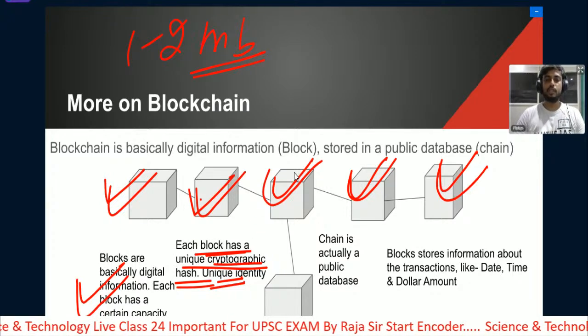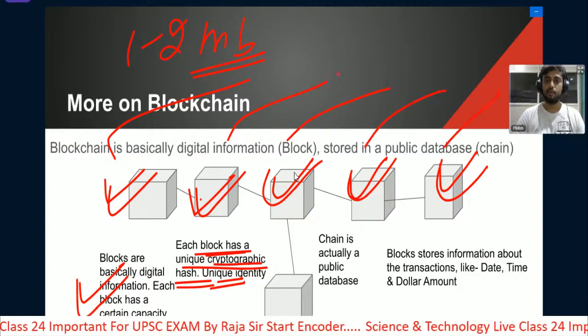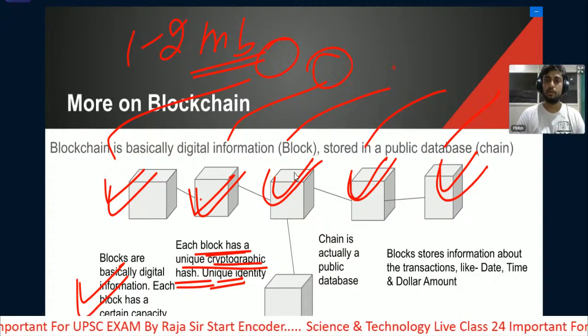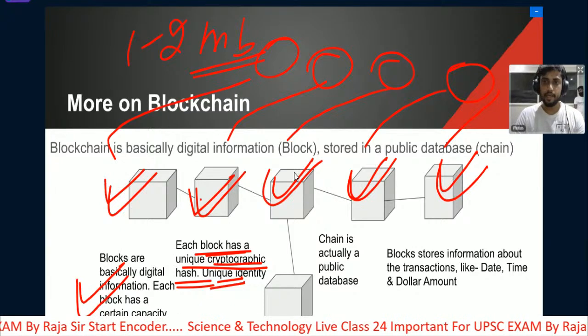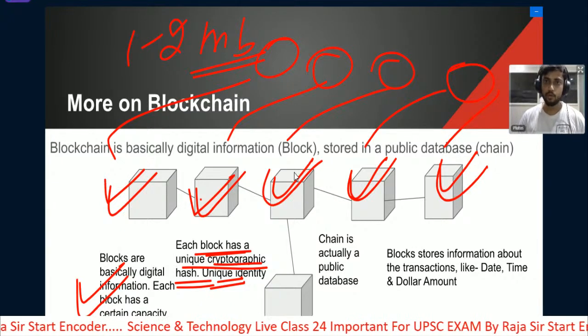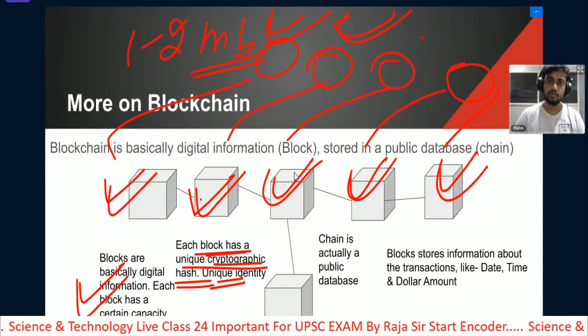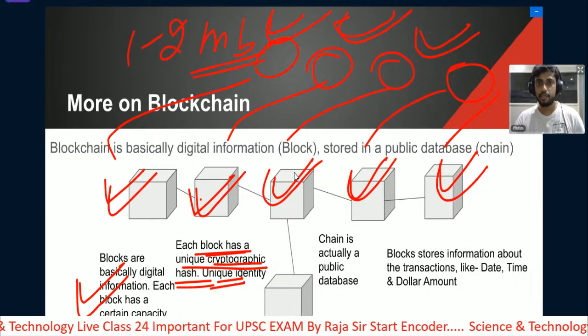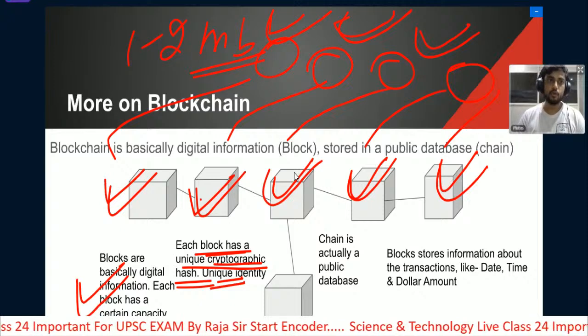And all of this information is stored over a network of computers, and there is no central authority in the case of blockchain. No single authority is controlling all of these computers. There is no central authority.